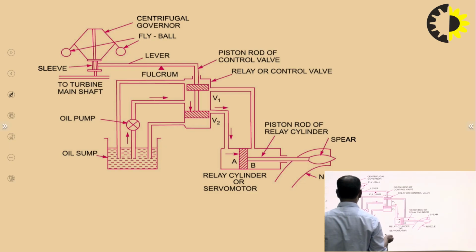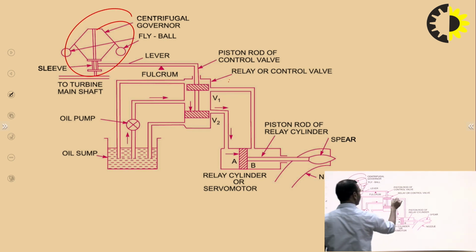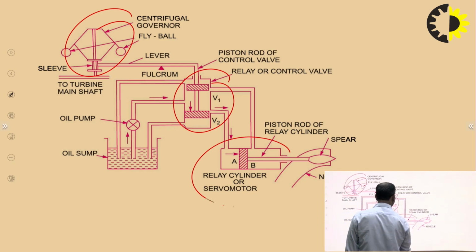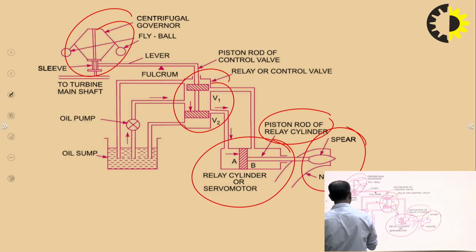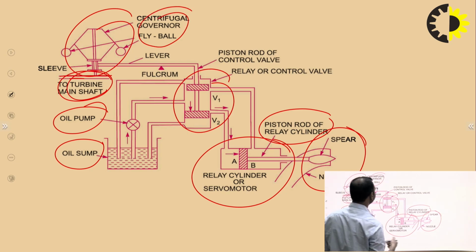In this, the components are centrifugal governor, then this is relay or control valve, this is relay cylinder or servo motor, this is sphere with nozzle, this is piston rod of relay cylinder, this is oil sump, oil pump, and this shaft is connected. This is the turbine main shaft which is connected to the shaft of the centrifugal governor.